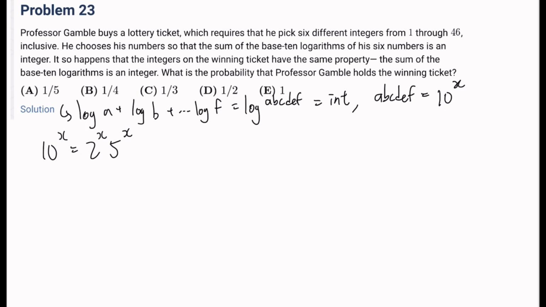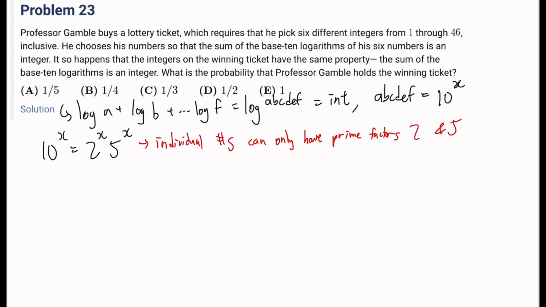And so the individual numbers can only have prime factors 2 and 5.